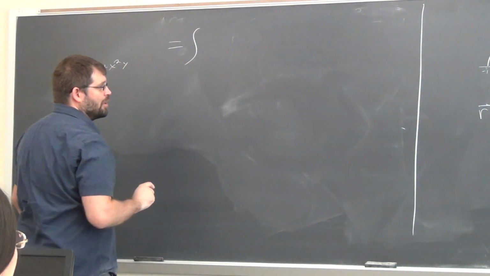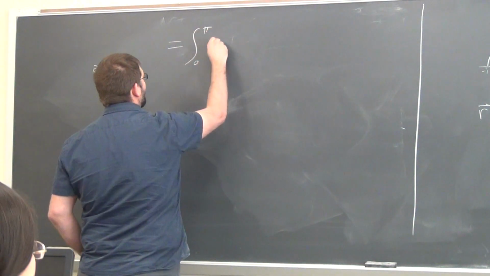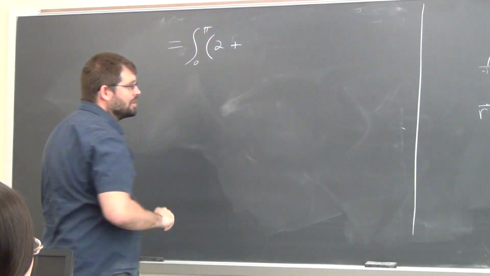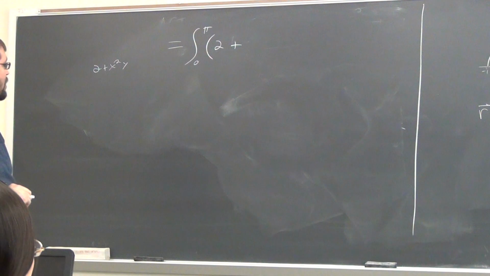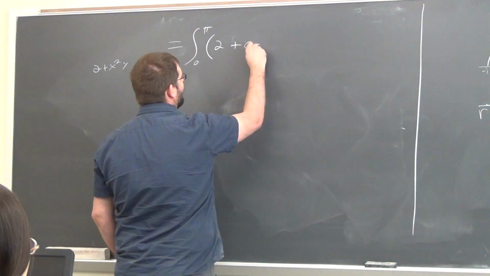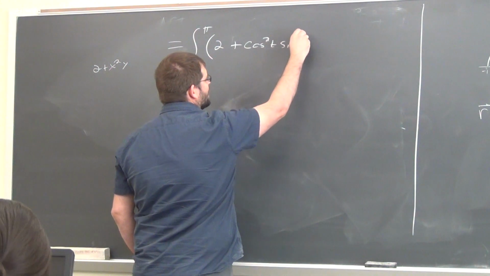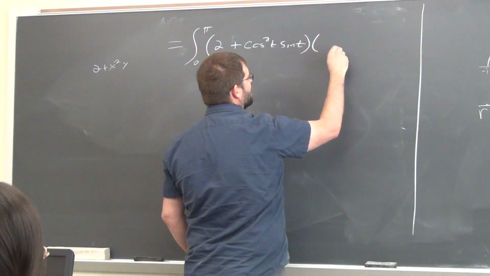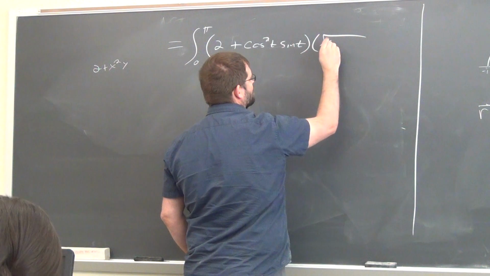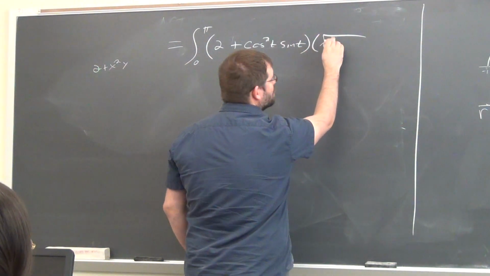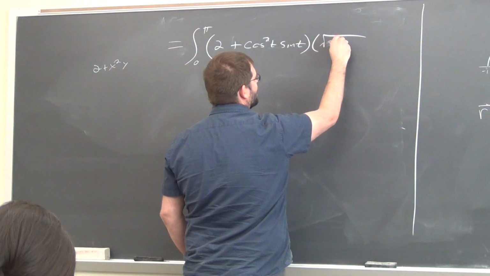We get what? The integral from 0 to pi, 2 plus x squared, so cosine squared t, times y, sine of t, times, and again, I'll just write it up, the square root of sine squared plus cosine squared, right?